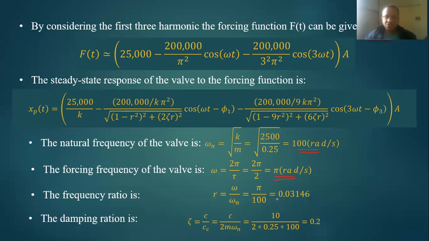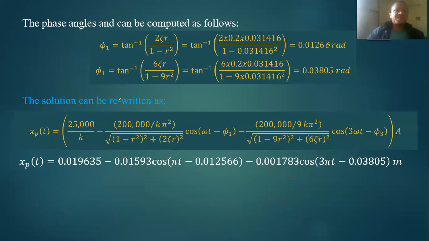The frequency ratio is omega over omega n, which is 0.03146. And the damping ratio zeta is c over 2m omega n, which gives us 0.2, which is an underdamped case.